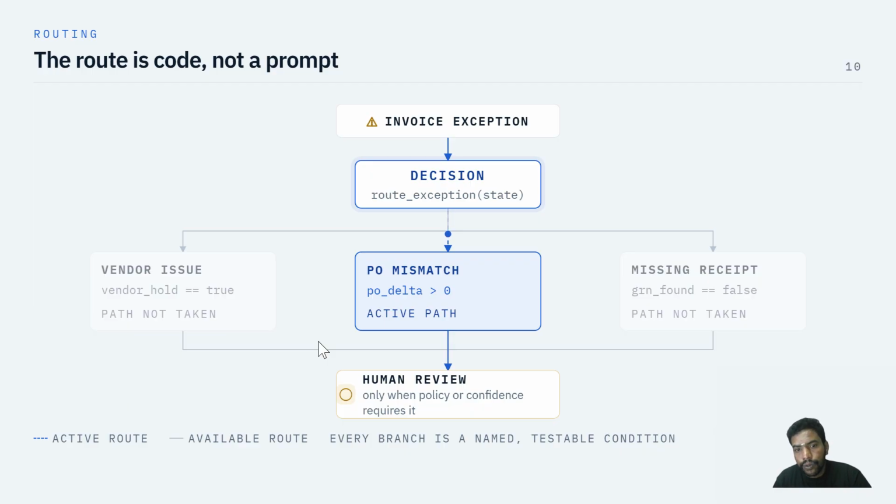Three named routes, each with an owner and a service level, not one model improvising. So the key message for this slide: I'm giving you routing branches in code so that every path is named, testable, and explainable.